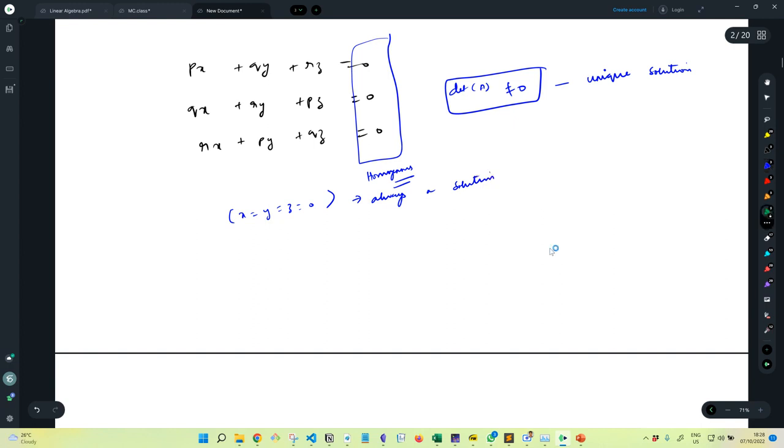If you link these two conditions, that is, determinant of A not equal to 0 means unique solution, and zero is a trivial solution for a homogeneous system, these imply that if determinant of A is not equal to 0, then the system has only the trivial solution.